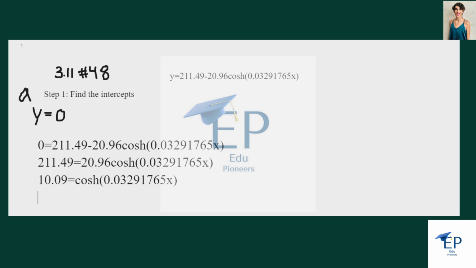To do this, we're going to use the cosine hyperbolic inverse function that can be found in your calculator. If you have a TI-84, you can go to the second 0, which brings you to your catalog, scroll down to the C's, find the cosine hyperbolic function.